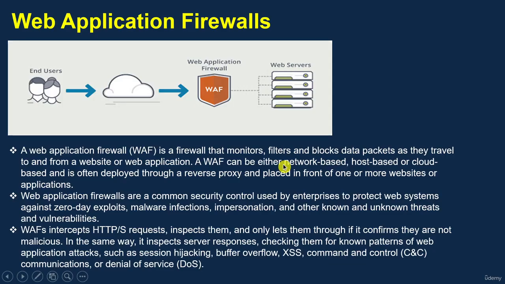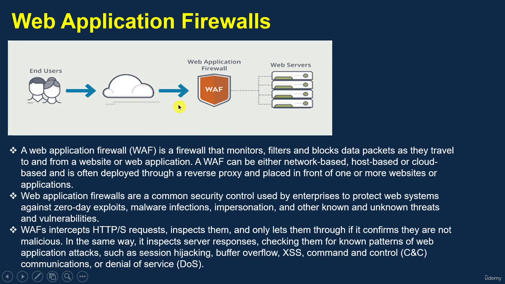And next, let's go to the web application firewall. Simply, we call this web application firewall a WAF. Web application firewalls help protect web applications by filtering and monitoring HTTP traffic between the web application and the internet. Okay, so you can see this is the web application firewall, between the web applications and the internet.